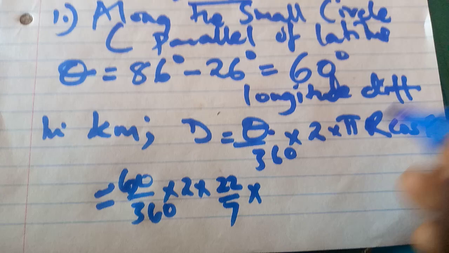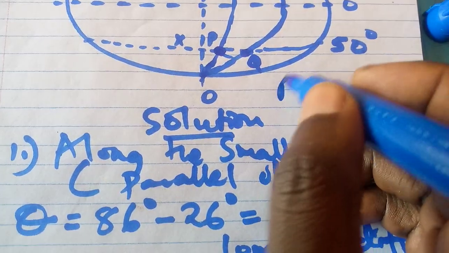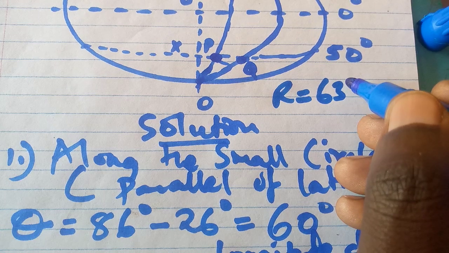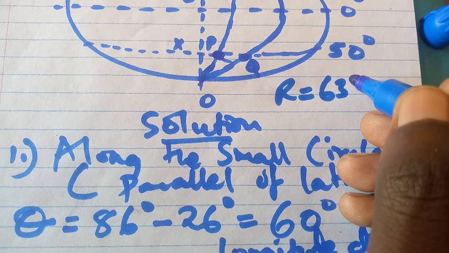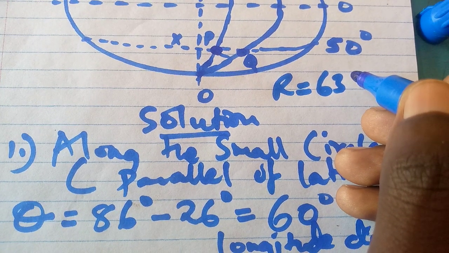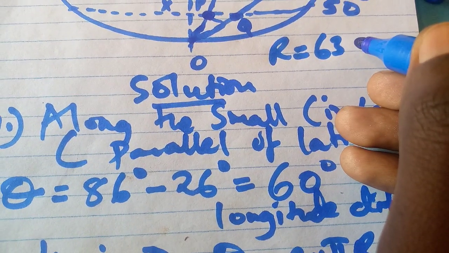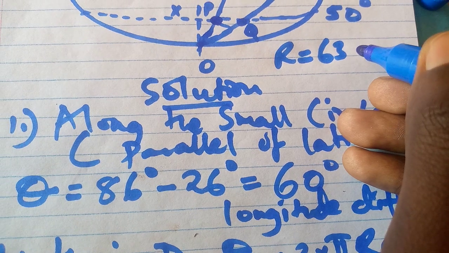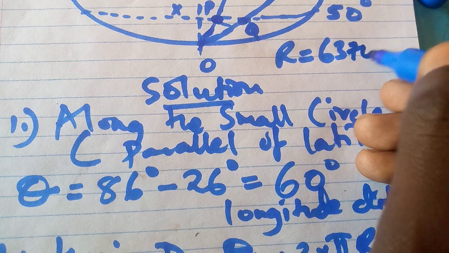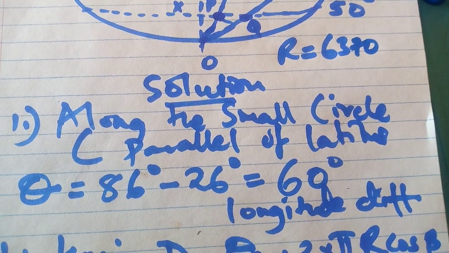Let us take r to be the radius of the earth, which is usually given as 6370 kilometers.